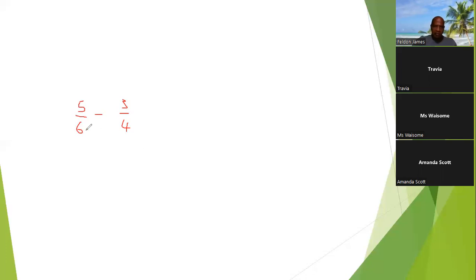So for these two denominators, 6 and 4, we want to find a number that these slices can fit into. Which number can 6 and 4 fit into without a remainder? So what is the LCM of 6 and 4?